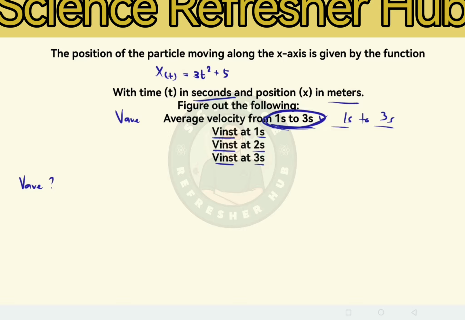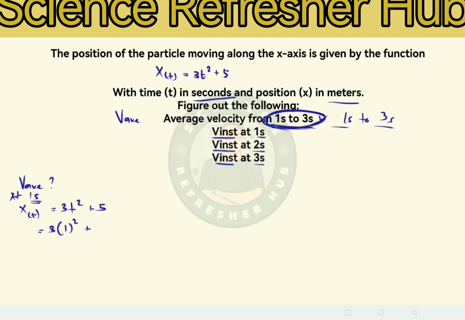To get the average velocity, let's first have the position function. Let's copy it. You have to directly substitute to get the position function at 1 second. So at 1 second, all you have to do is to substitute 1 in our t variable here.